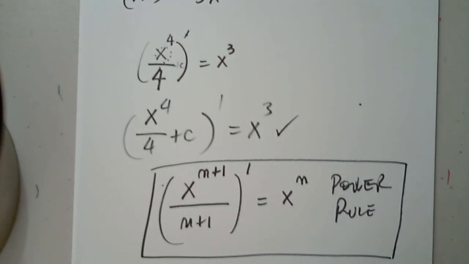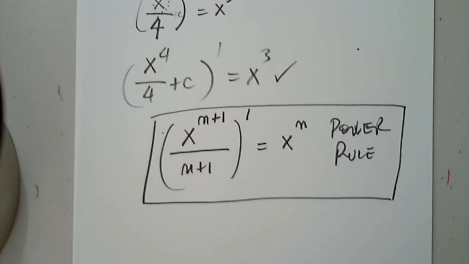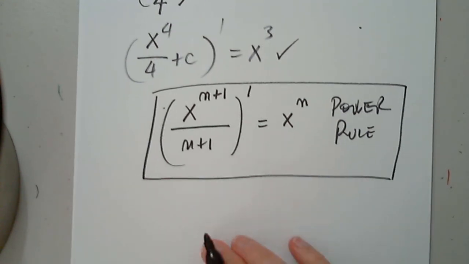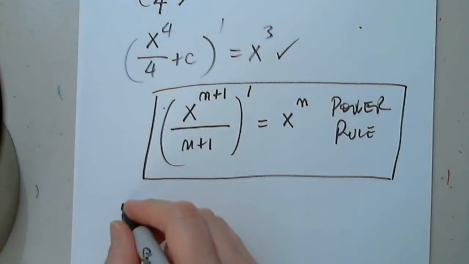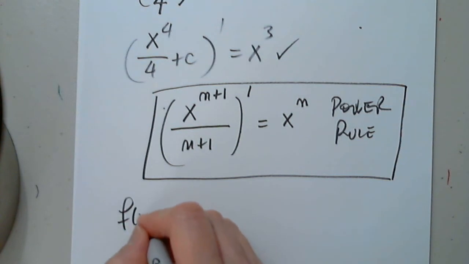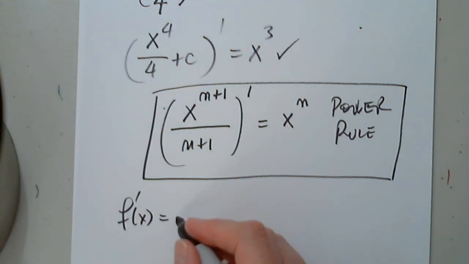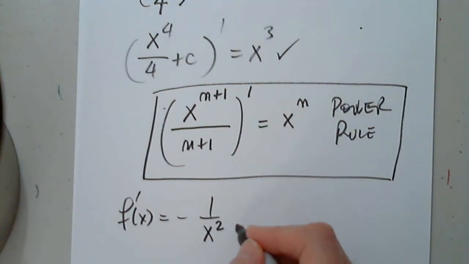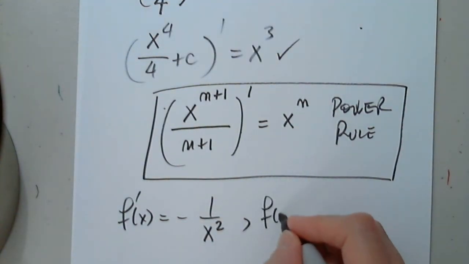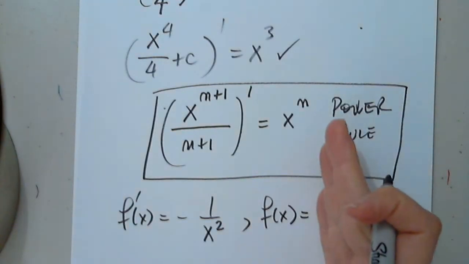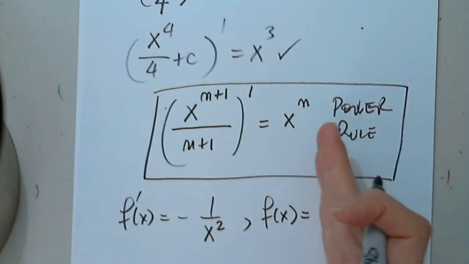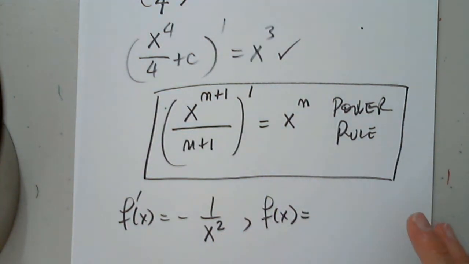One more. I know I tortured you with this quite a lot. If we have f prime of x as -1 over x squared, can anyone give us the function or the family of functions whose derivative will be this?